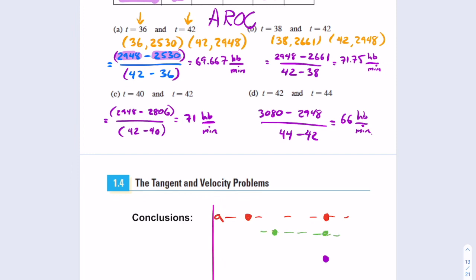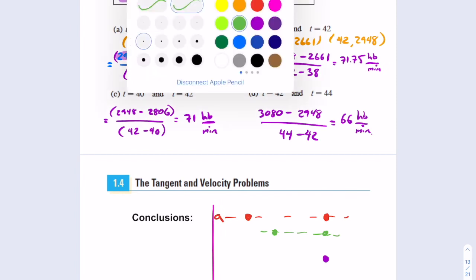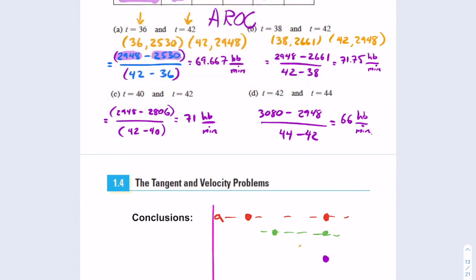In part C, I chose 40 minutes and 42 minutes. And in part D, I chose 42 minutes and 44 minutes. Which would be the best estimate? Part A, B, C, or D? Pause and play when you're ready.